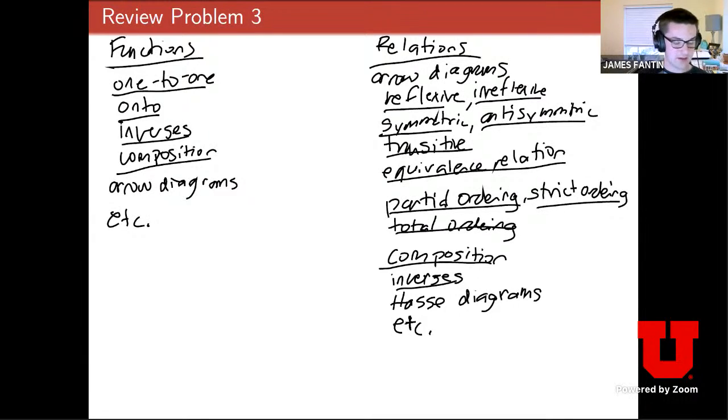If you sometimes have trouble remembering, have all of those written out on your note sheet. There may be some other things we've talked about in lecture that I'm not remembering right now, so don't think this is exhaustive, but these will be the main things.